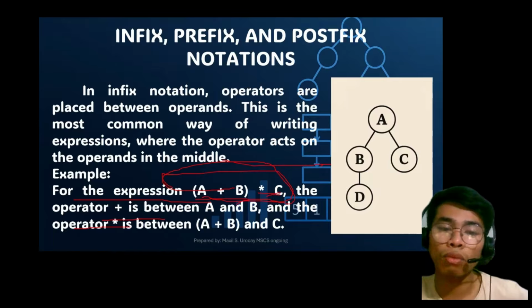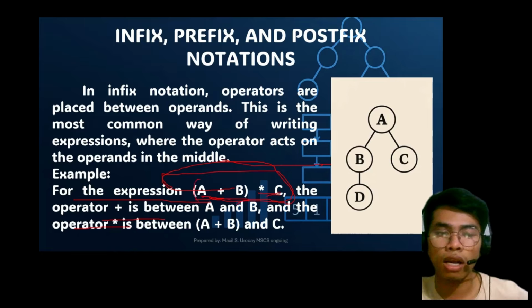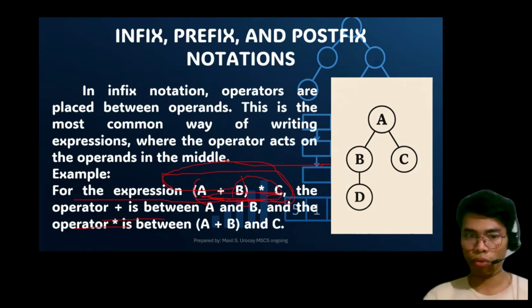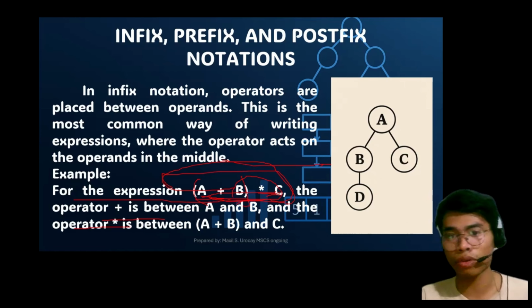In calculating that one, you will go first with A plus B before going to times C, because that has the open and close parentheses. But if there are no open and close parentheses, we will have to follow B times C first, then going to A plus B times C, since of course the precedence rule follows PEMDAS, if you can still remember it from your elementary days.